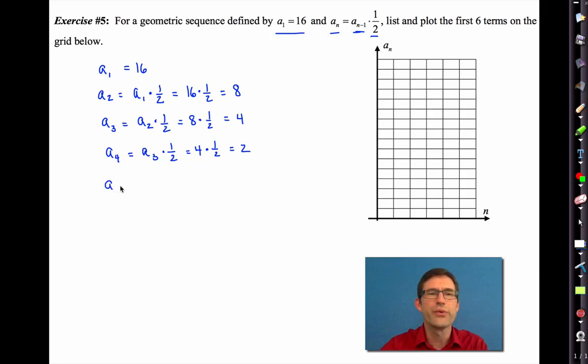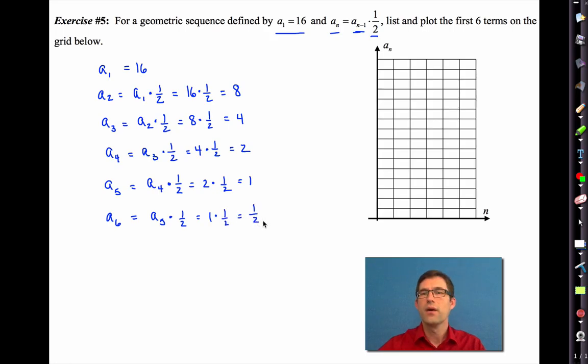How many do I have to do? 6 terms. A sub 5, who designed this worksheet? Times 1/2, that's going to be 2 times 1/2, which is 1. And then finally, a sub 6 is going to be a sub 5 times 1/2, which is 1 times 1/2, which is 1/2.